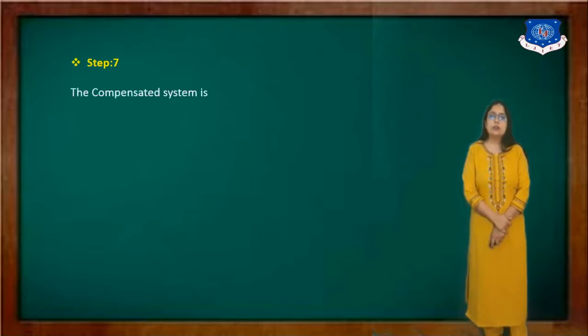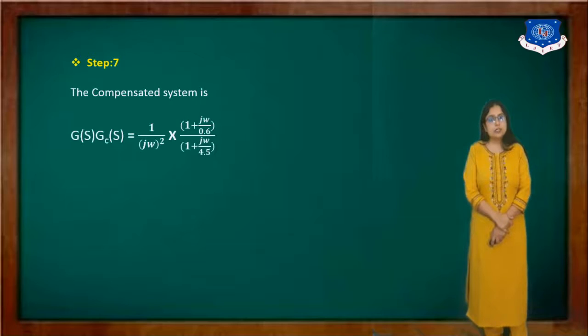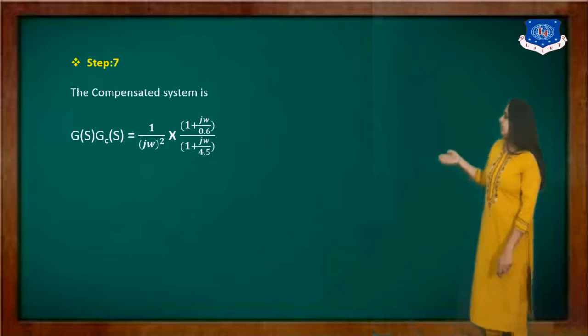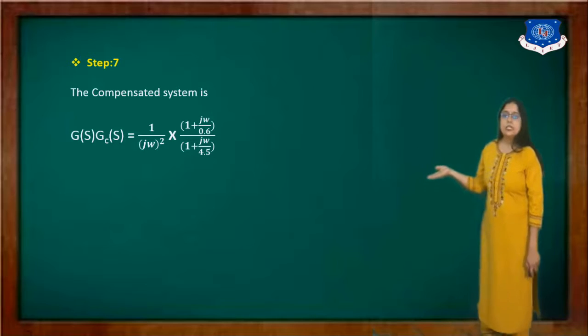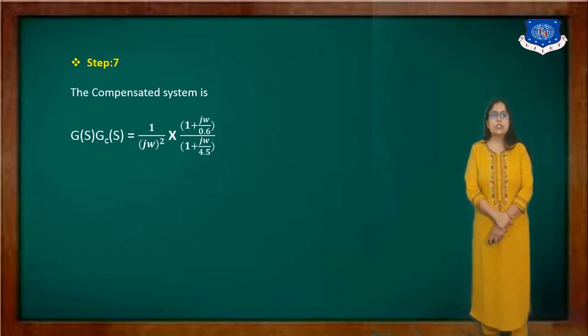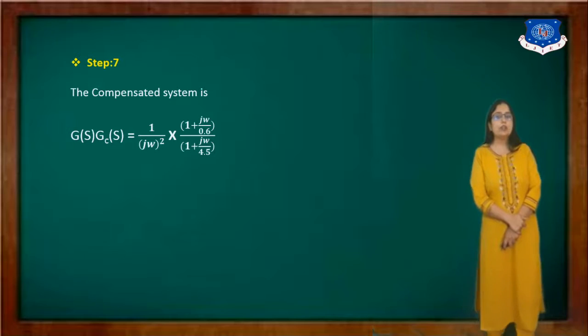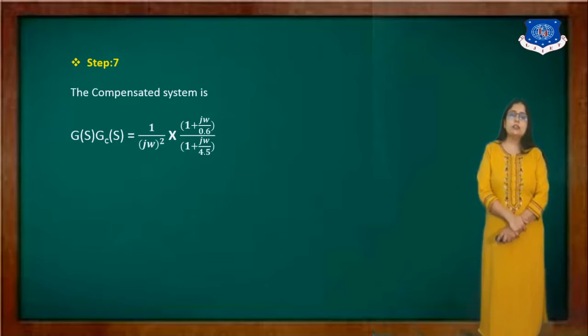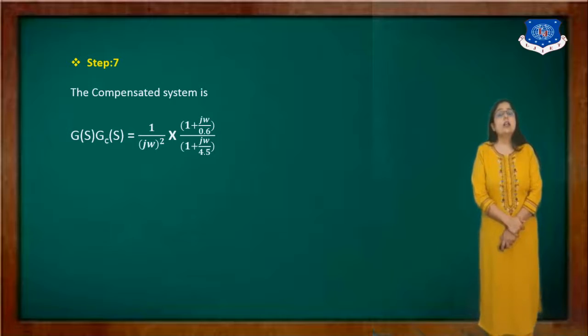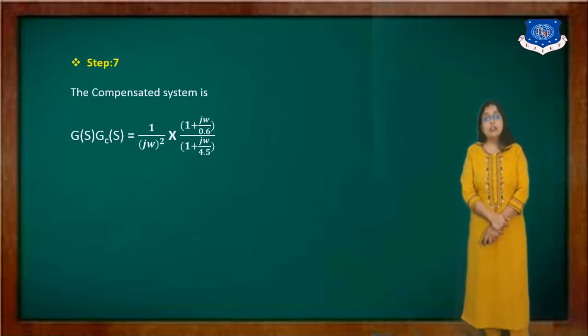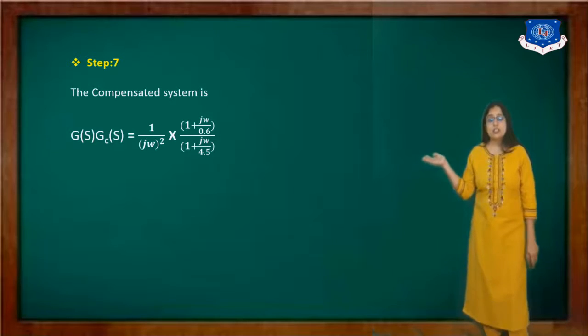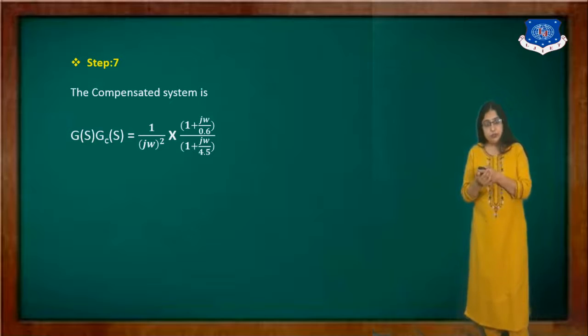So we will write our compensated system, that is G of S into GC of S. My G of S equals 1 by (j omega) squared, and my GC of S equals (1 plus j omega divided by 0.6) over (1 plus j omega divided by 4.5), because this is my zero and pole. Now I need to check whether this system's phase margin is whatever I defined, that is 45 degrees, or not.